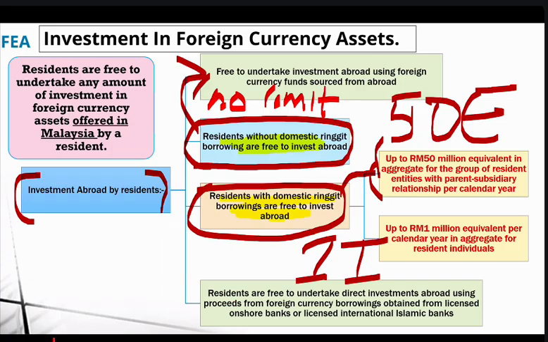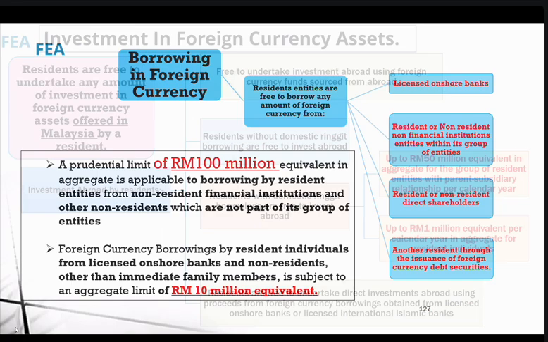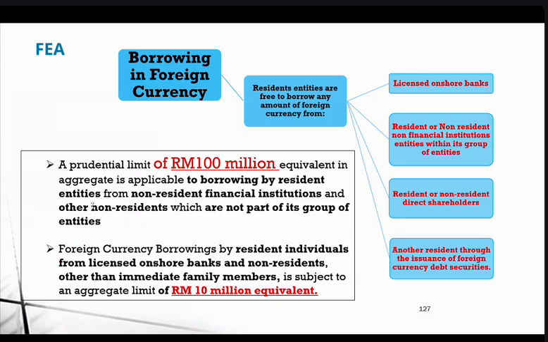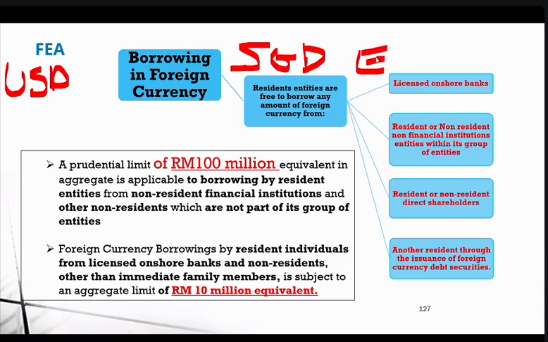The next rule they like to test is for residents borrowing in foreign currency. When I say borrow in foreign currency, I mean, for example, US dollar, Sing dollar, British pound, Euro, Japanese yen.